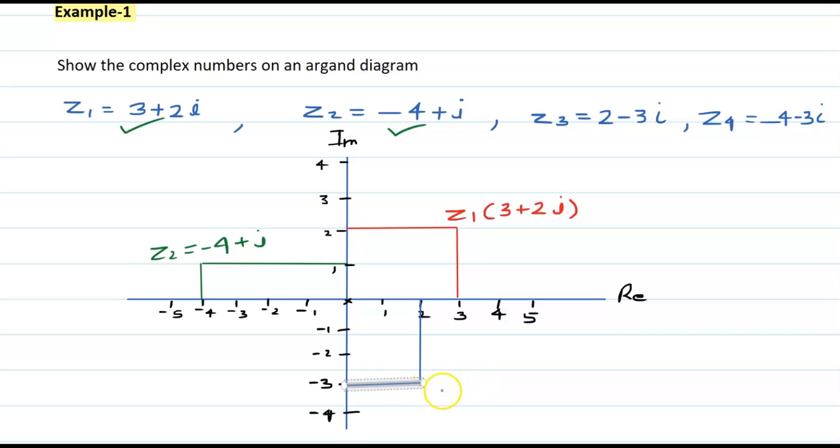Yes, that's better. So it is 2 minus 3i, and that is z3.